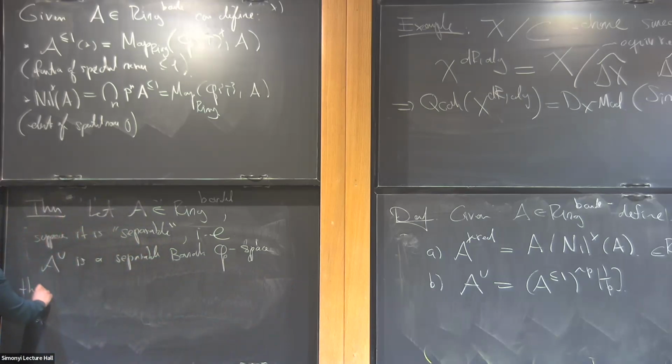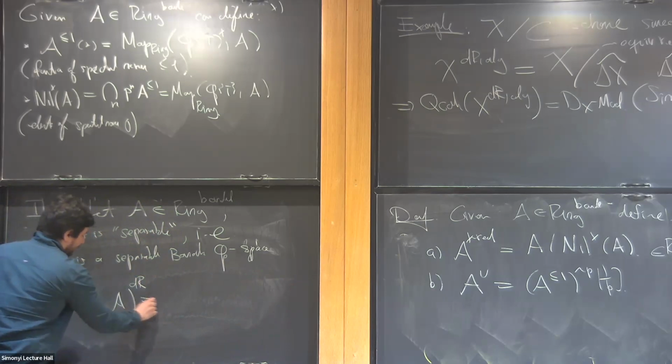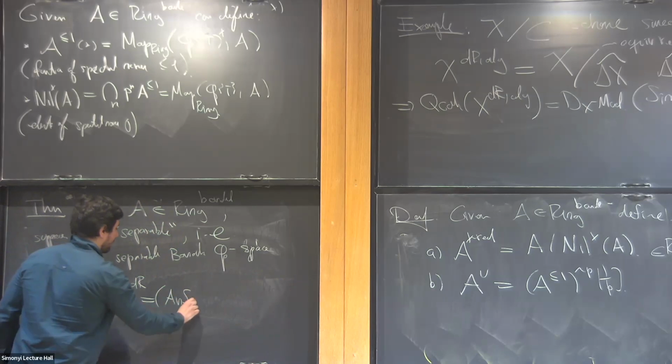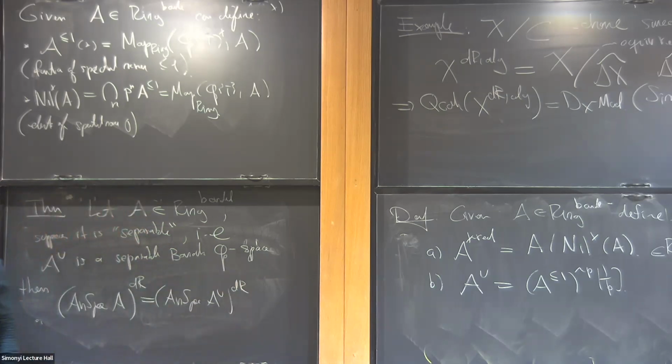Then, if you take the analytic spectrum, which again is just the spectrum in this world of analytic geometry, the de Rham stack attached to this thing, which can be more general, let's say, than just having spaces there, is just the same as the de Rham stack of the uniform completion.